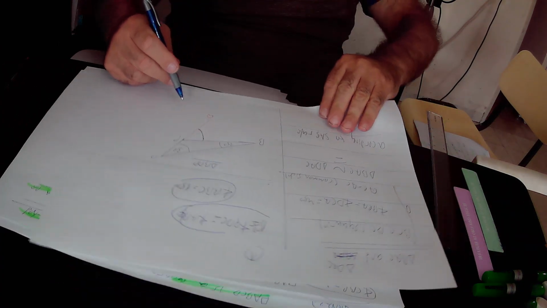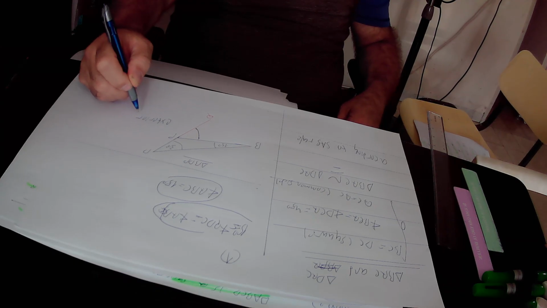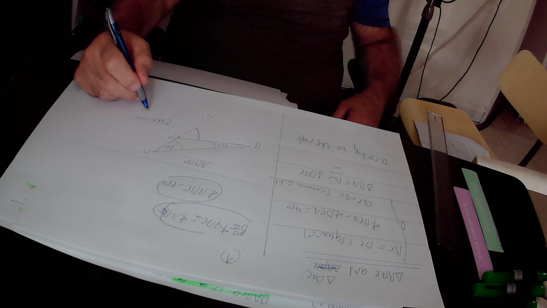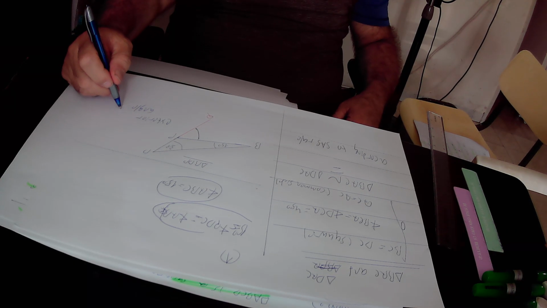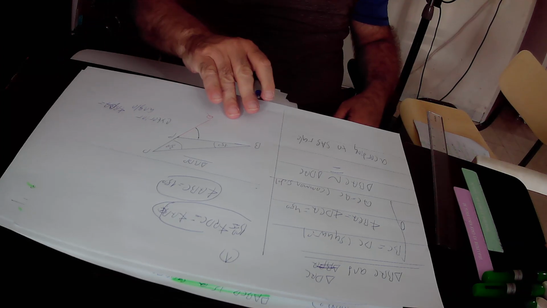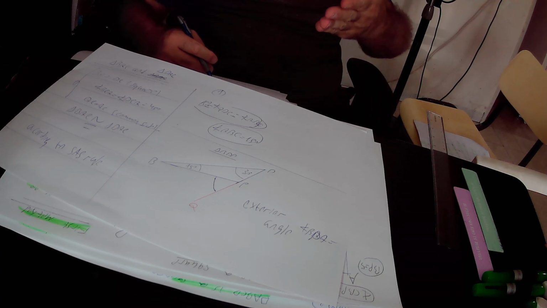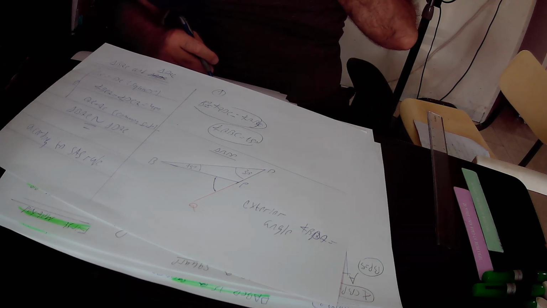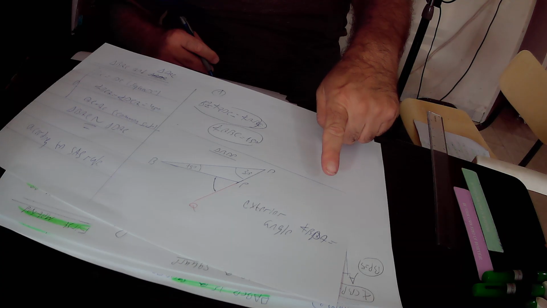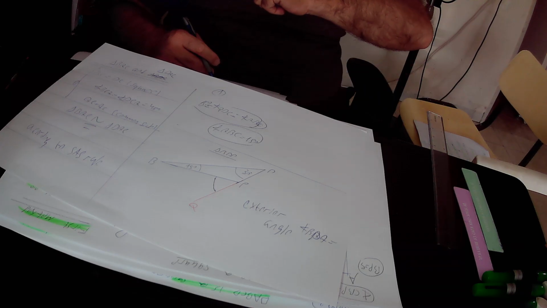What is the size of the exterior angle BPQ? So actually, Rule 8 answers this question. Rule 8 will help us find out the size of the exterior angle BPQ.